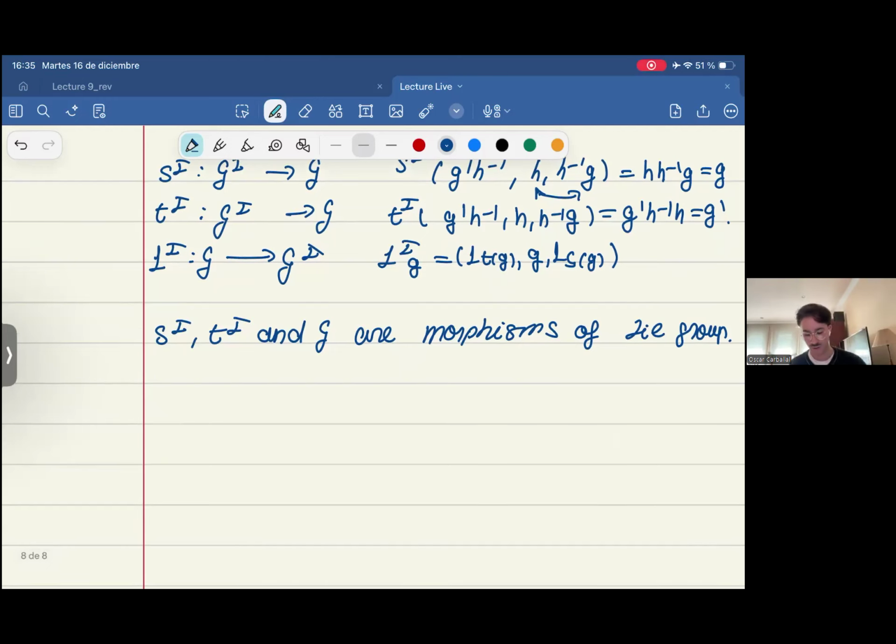It can be done without this, but for me using the groupoid of arrows and pullbacks is more natural.